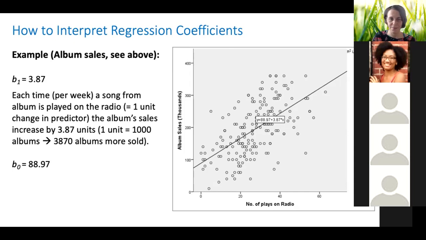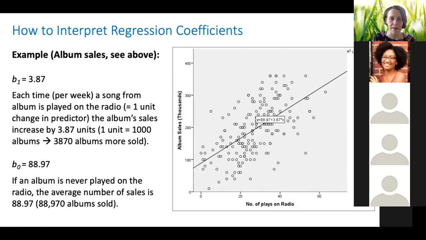If songs from the album would not be played on the radio, how many albums would be sold? But then again, we will talk about that later. We cannot make predictions from values that are not in the range of our X variable in our sample. All right, so that was just a reminder.